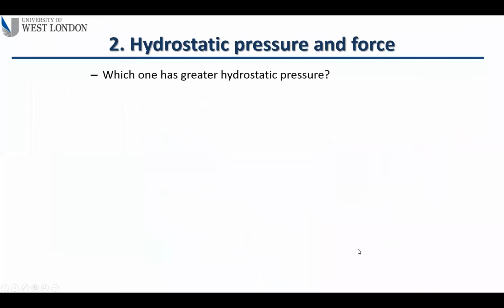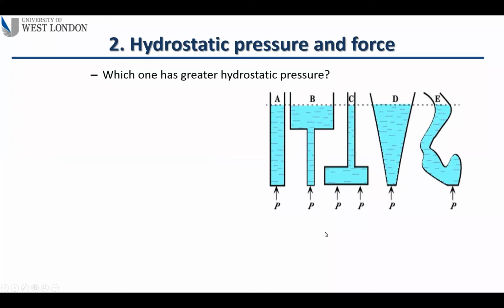So if we look at this in a different way, let's go with a quiz. In this figure we have 5 containers, and we're going to see which one has greater hydrostatic pressure. Imagine we have different surfaces and different areas, and we're going to compare the pressure.